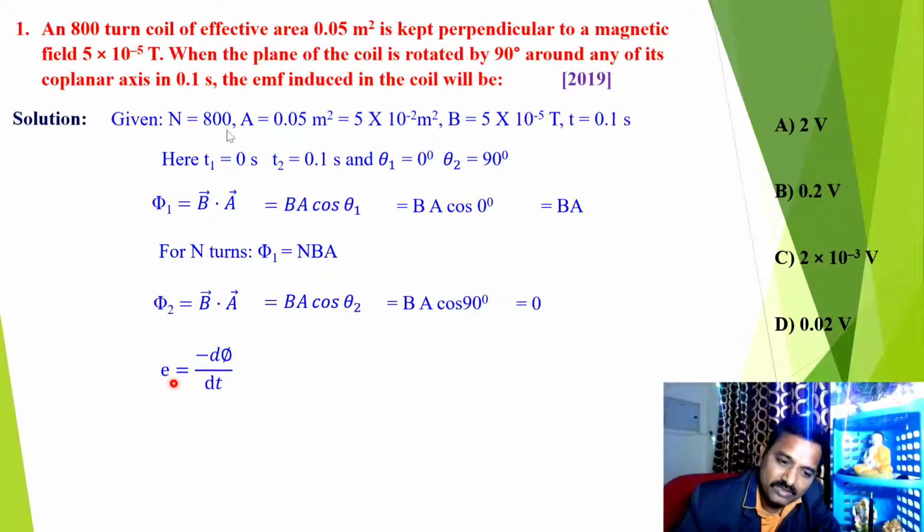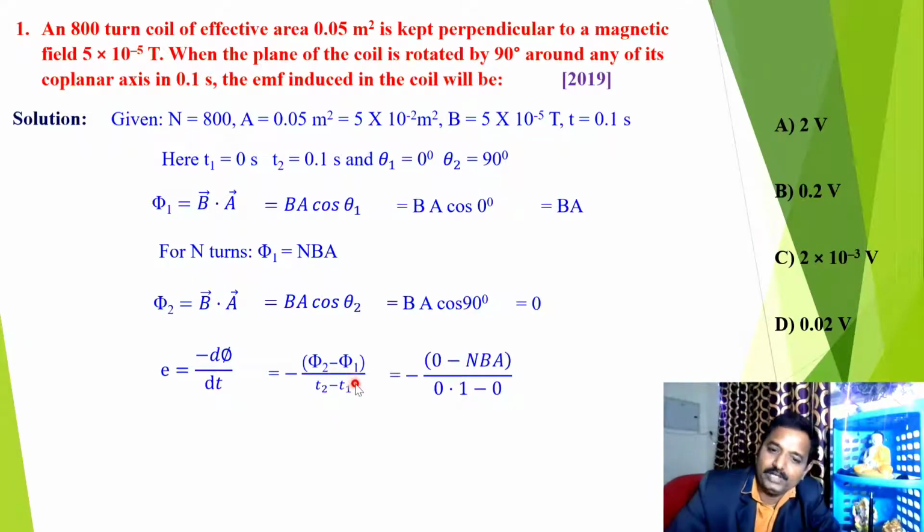So here the formula for EMF, E is equal to minus d phi by dt, where d phi means change in magnetic flux, that is phi 2 minus phi 1, dt means change in interval of time, that is t2 minus t1. Here phi 2 is equal to 0 and phi 1 is NBA, t2 is 0.1 second and t1 is 0 second.